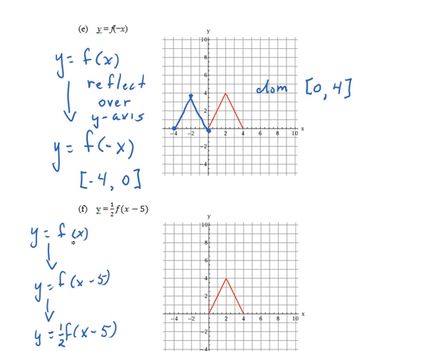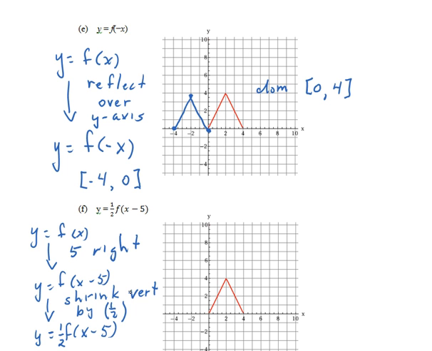So the first step, we're going to go 5 to the right. The second, we're going to shrink vertically by a factor of 1/2. All of the y values are being multiplied by 1/2.